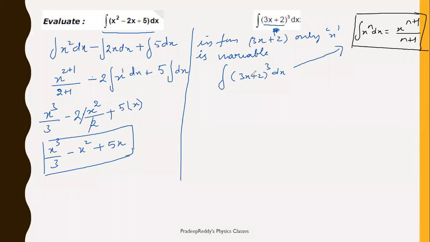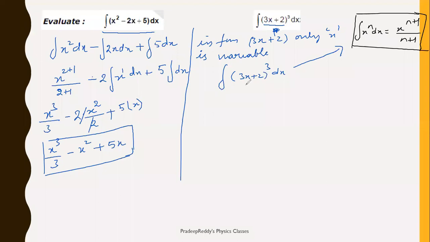See here, if this 2 were multiplied with some other x square or x cube or any term, then you would need to use the formula of a plus b whole cube, and then integrate. But here 2 is only a constant. Therefore, you need not expand this cube term.